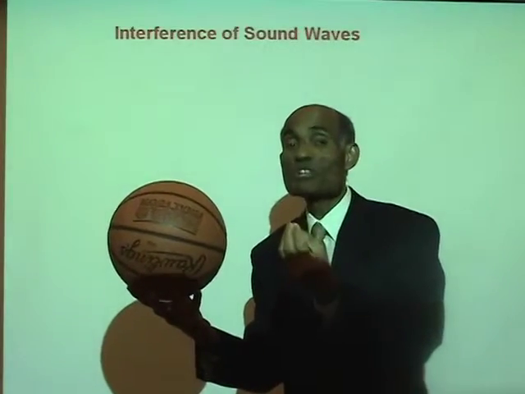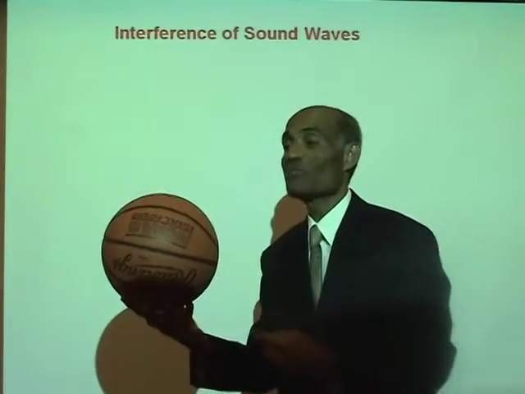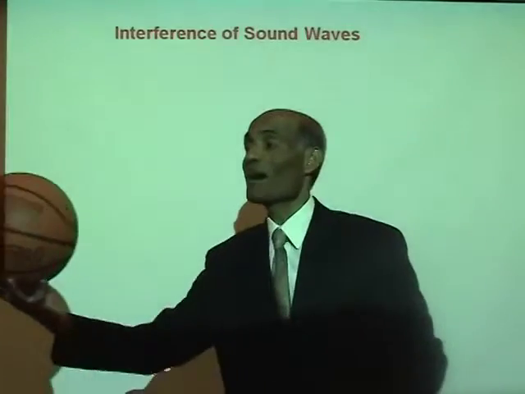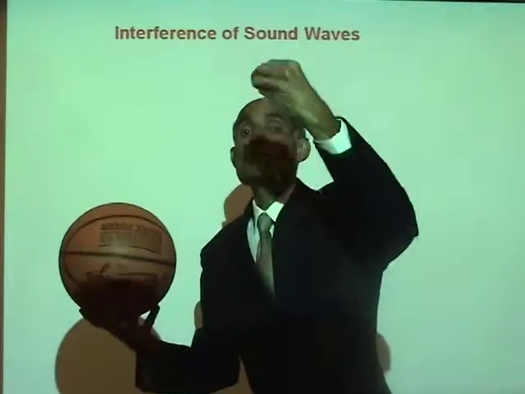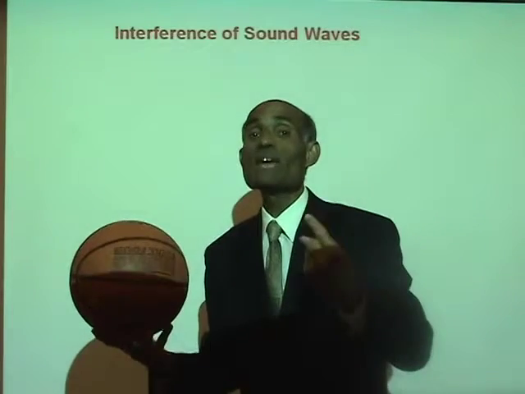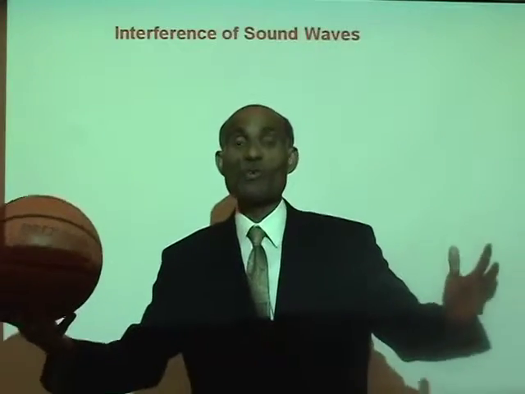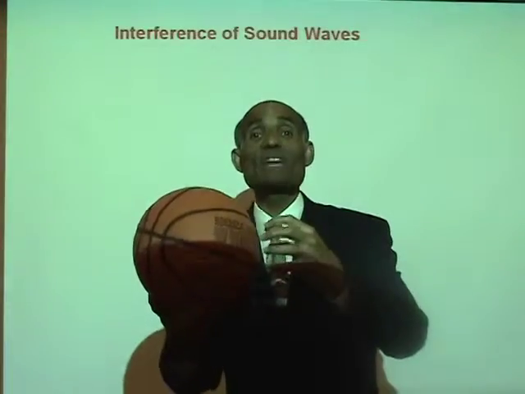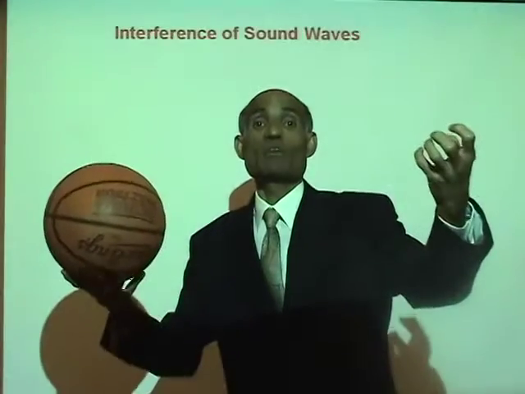If the compression of one wave falls on the compression of the other wave, that means this particle will have maximum displacement. You have a much bigger wave. That means the waves are in phase. So when two waves meet in phase at a particular point, you get a much bigger wave.